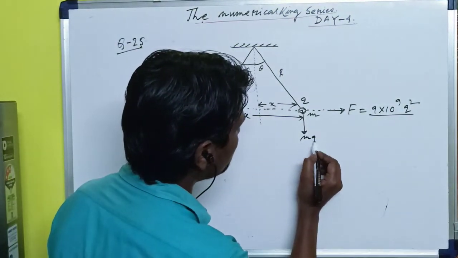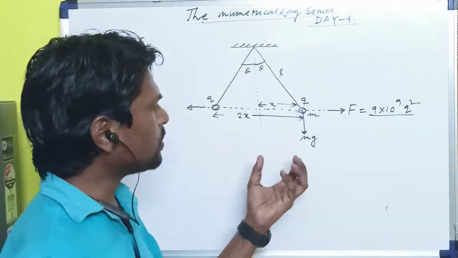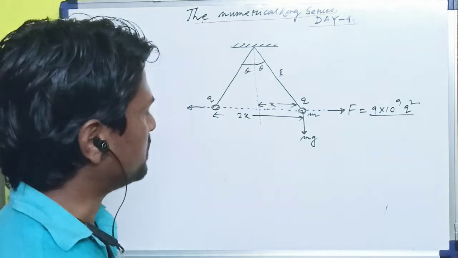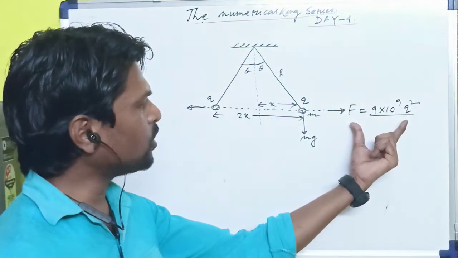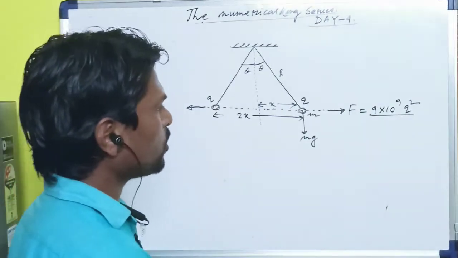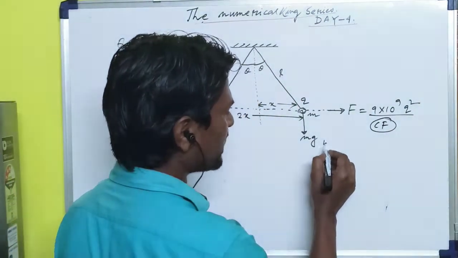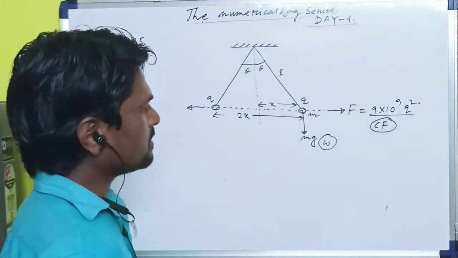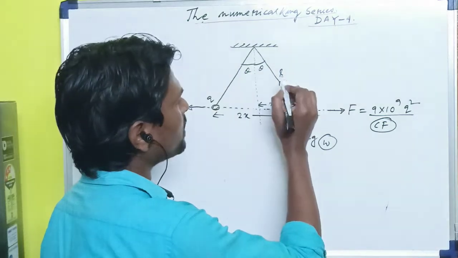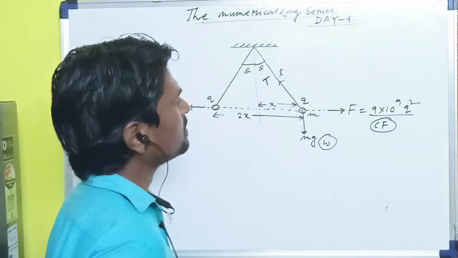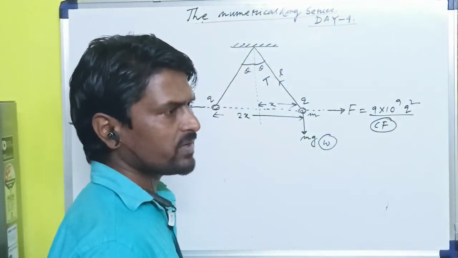Students, first of all you have to take into account all the forces acting: the Coulombian force, and the weight, and also the tension force within the string. Concept number 1 is resolution.